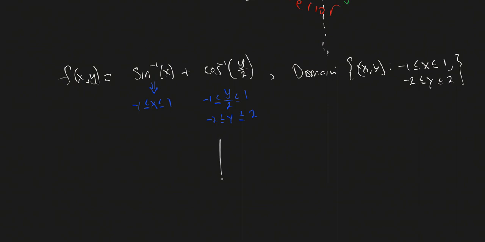Let me go ahead and draw the x and y axes. Let's start with the x. If I ask to sketch the line x equals -1, if you're sketching that sort of line in R2, that's going to be a vertical line. So it's going to be roughly here.